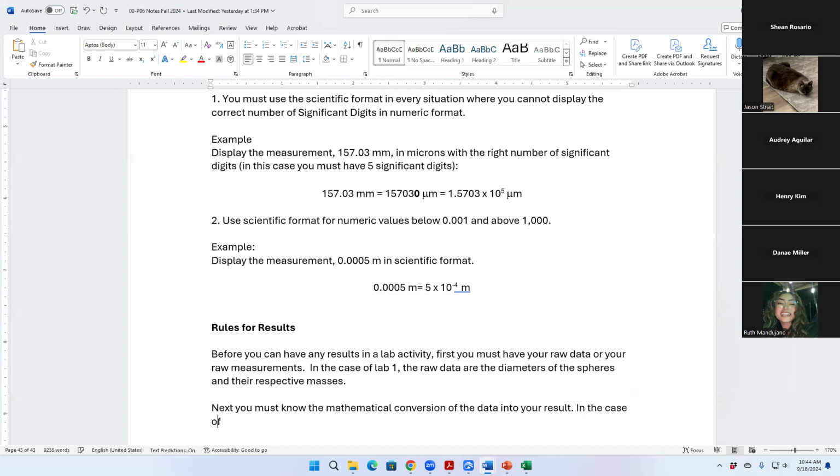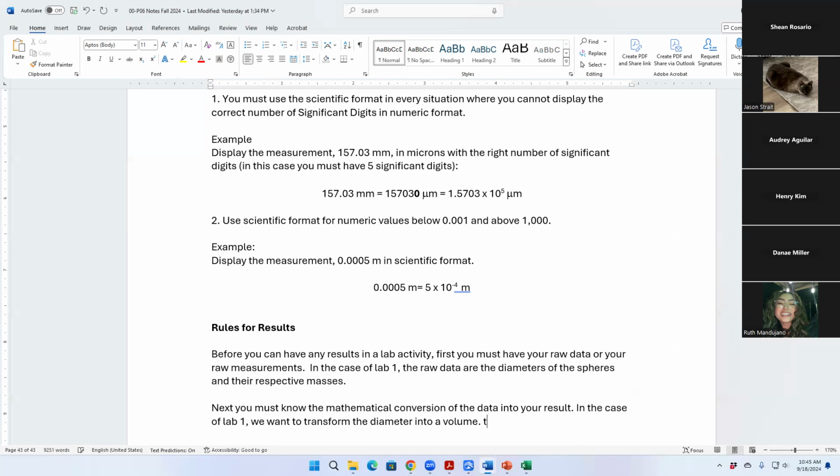And again, in the case of lab 1, we want to transform the diameter into a volume, right? Into a volume.